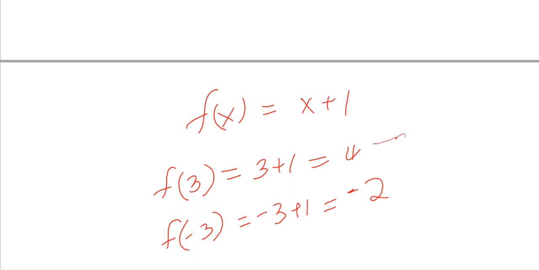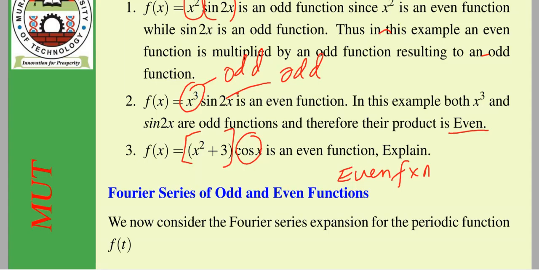You can clearly see that these values are not equal in magnitude. So the function is neither odd nor even. Not every function can be classified as odd or even.